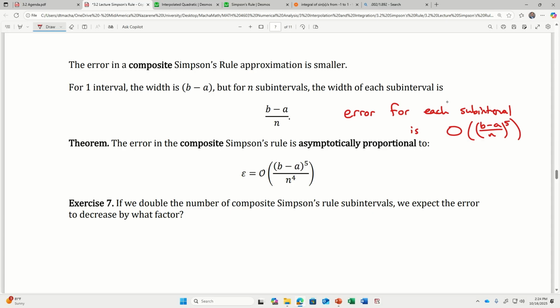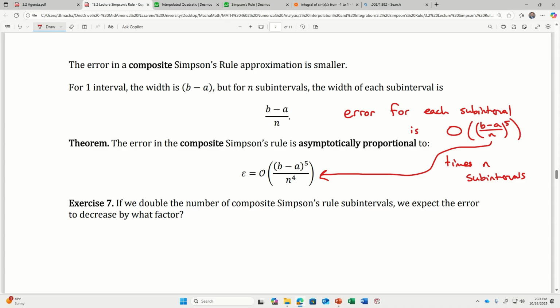But then if I have n subintervals, we multiply that times n, and we find out that the error in a composite Simpson's rule is asymptotically proportional to 1 divided by n to the 4th power.